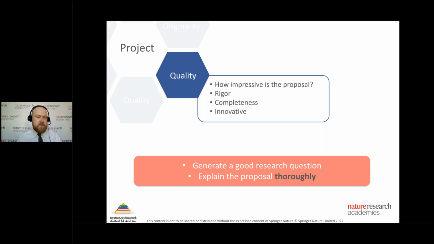Make sure that your research question is an important one for your research community. One way to help your reviewer understand the importance of your research question is through providing ample context for your study. So we want to provide lots of background information in order for them to understand why our research question is important, okay?